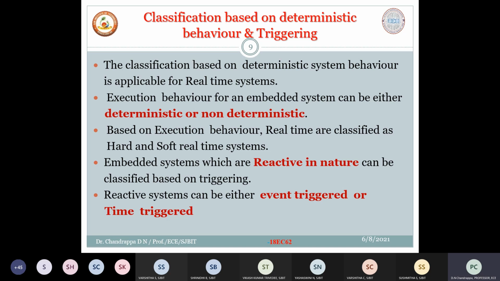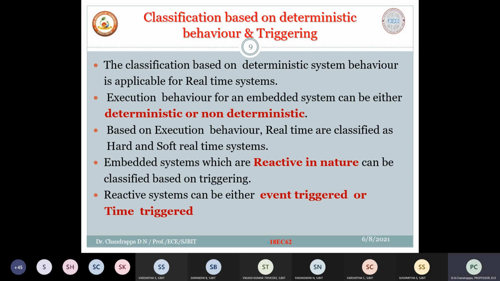In the deterministic behavior, we are looking at the execution behaviors. Execution behavior is nothing but the behavior during the execution time, or another name, during runtime. So this execution behavior of the embedded system can be either deterministic or non-deterministic.